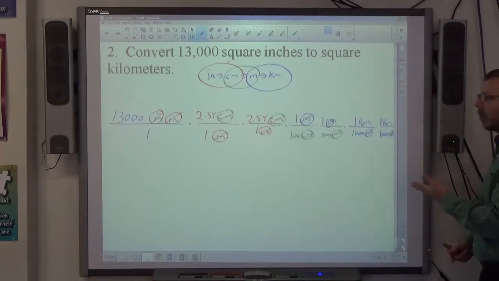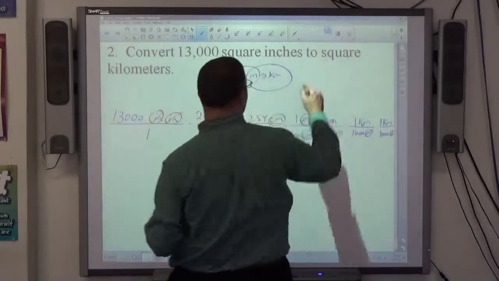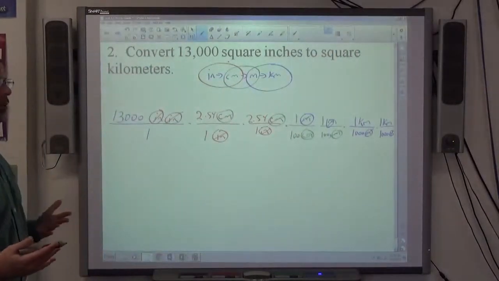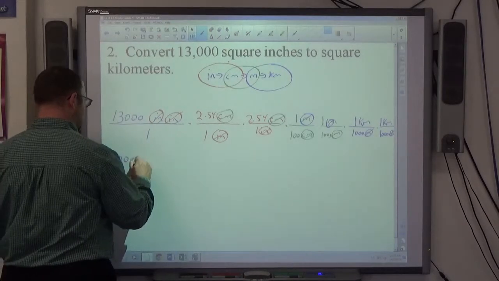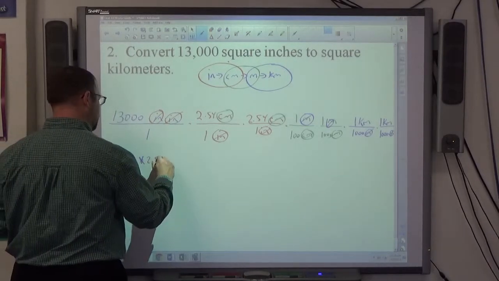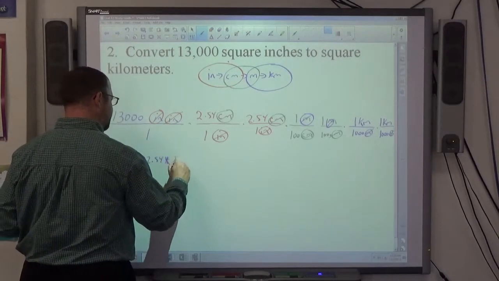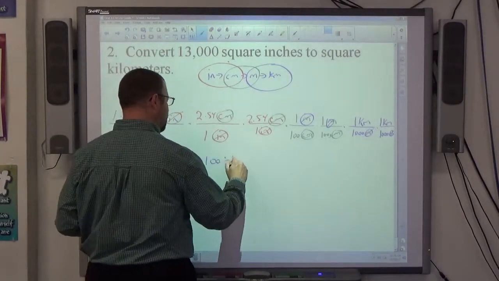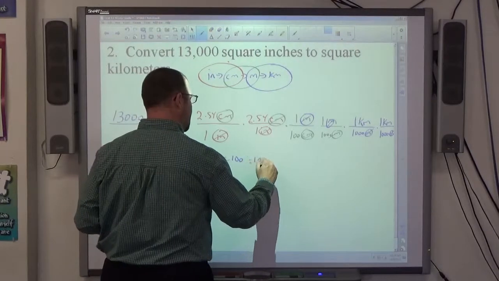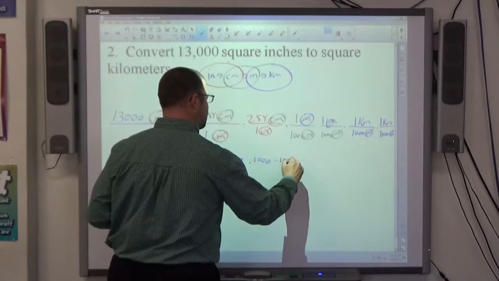And once I get all the way there, I can see where the numbers are, and where they are determines how I'm going to type in my calculator. So I'm going to do 13,000 times 2.54 times 2.54 divided by 100 divided by 100 divided by 1,000 divided by 1,000.